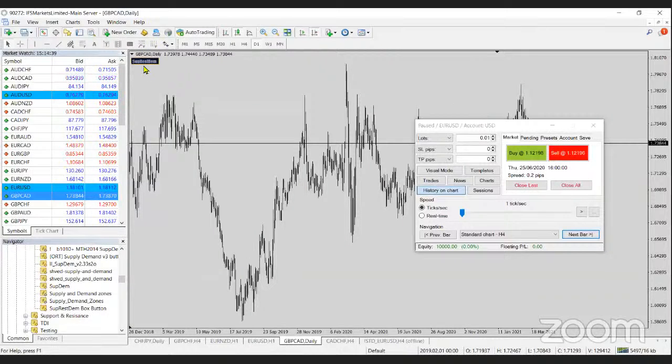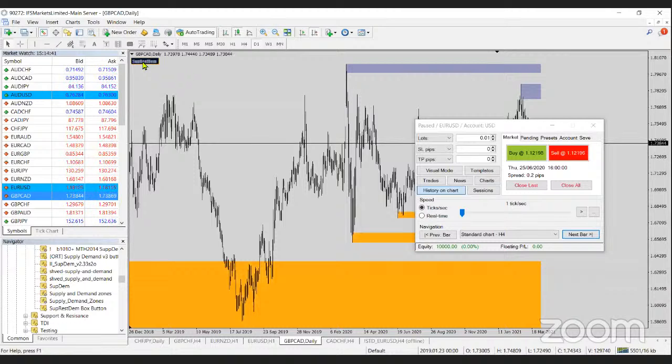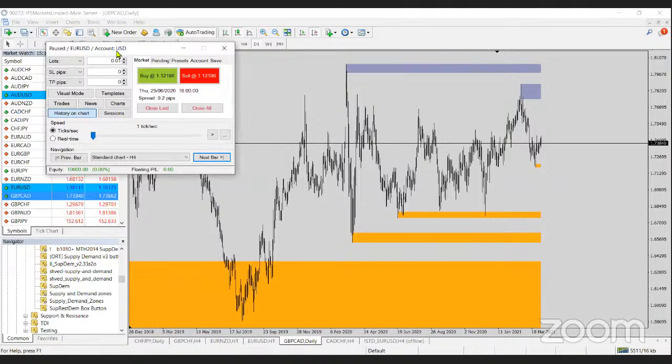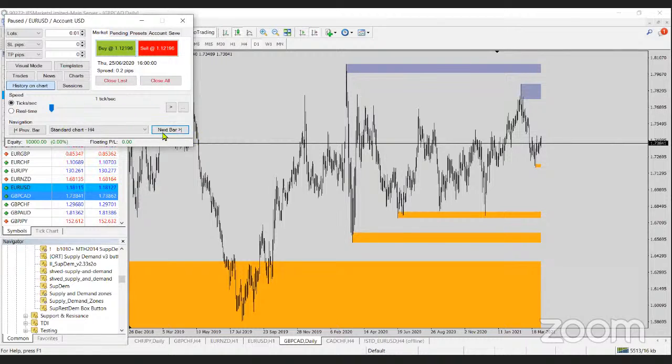And on the top left, you mean this button? This one is just to switch the indicator on and off. Useful feature.